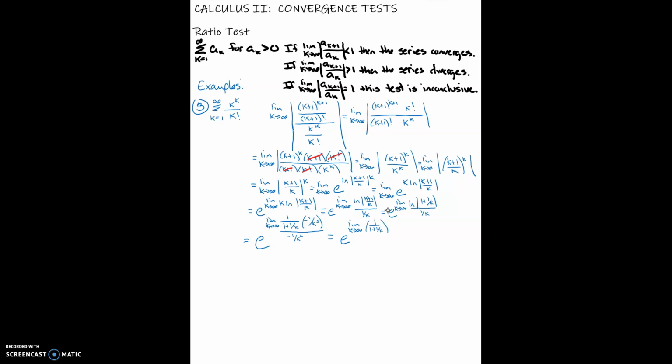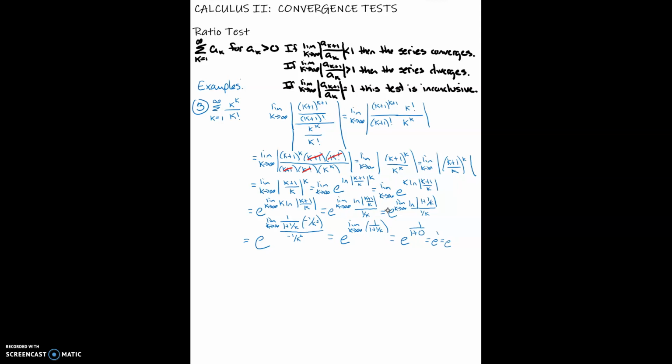And that limit I can take. Notice as k goes to infinity, 1 over k goes to 0. So we have e to the 1 over 1 plus 0. Well, that's just e to the 1, which is e, which is a number.